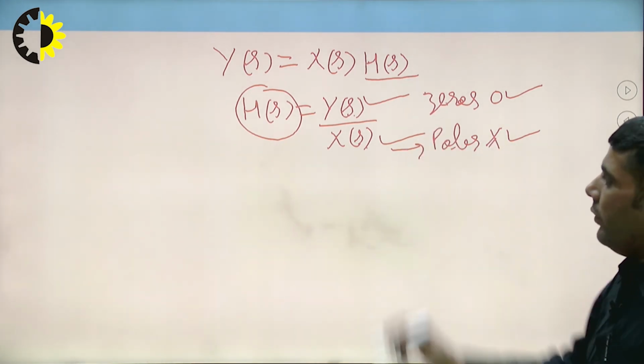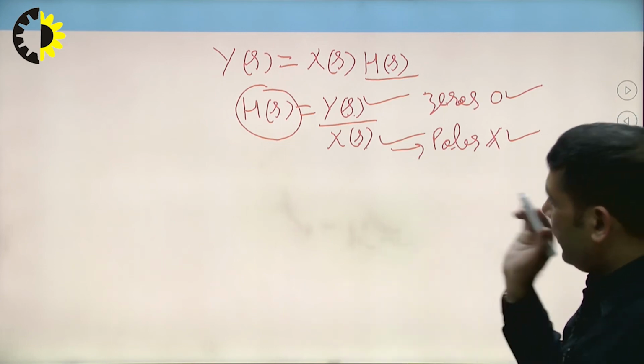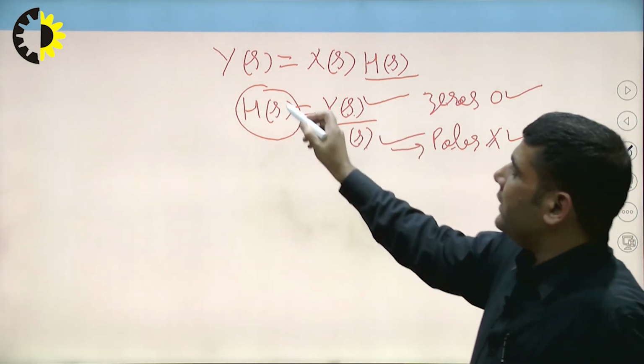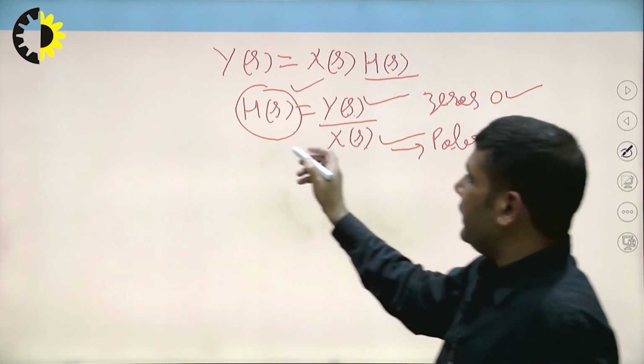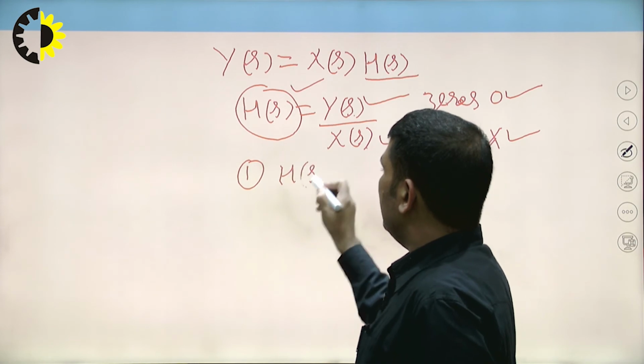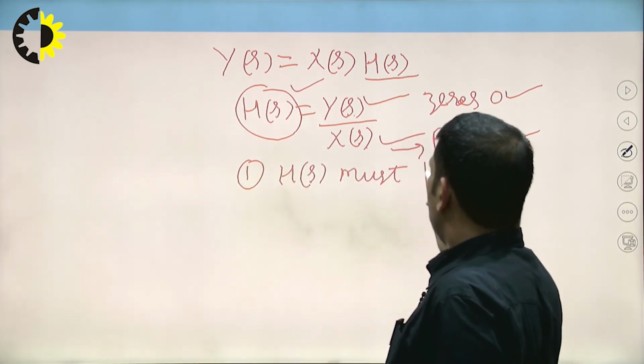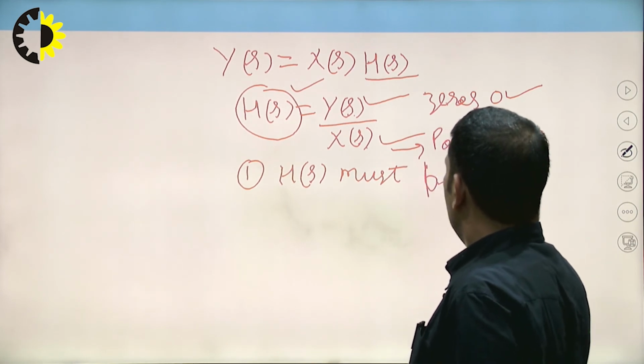Our case is partial fraction expansion. The first condition for partial fraction expansion is that the function H(s) must be a proper function.